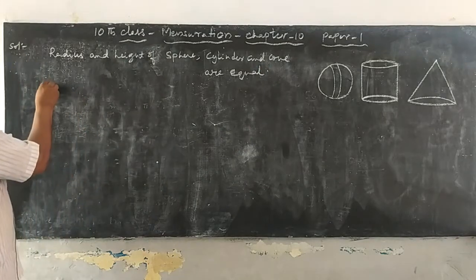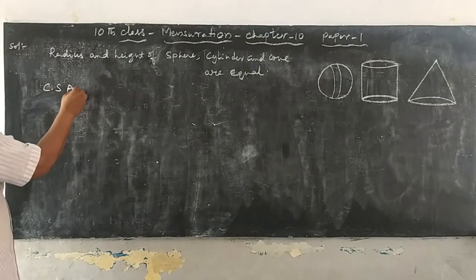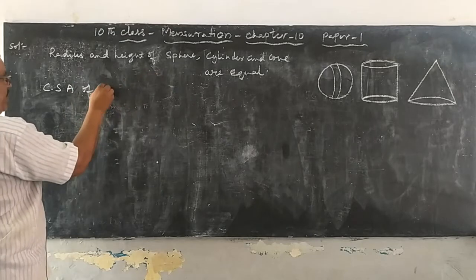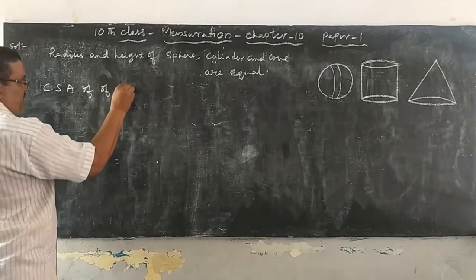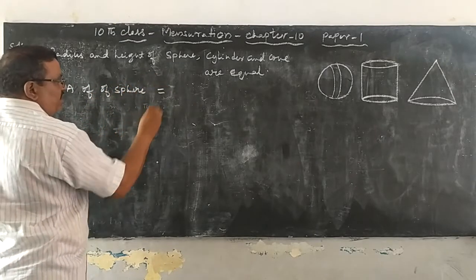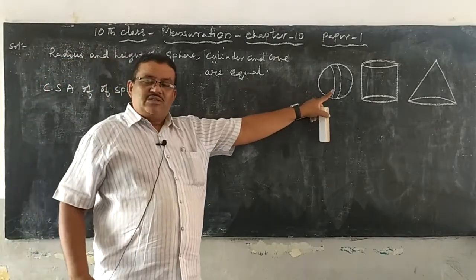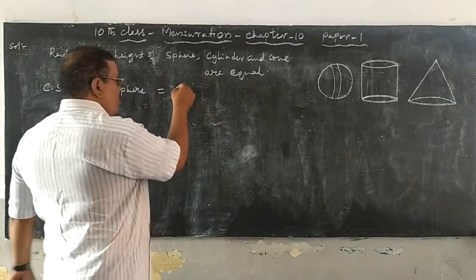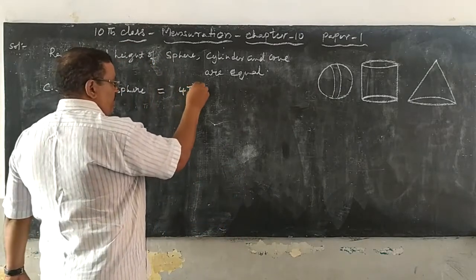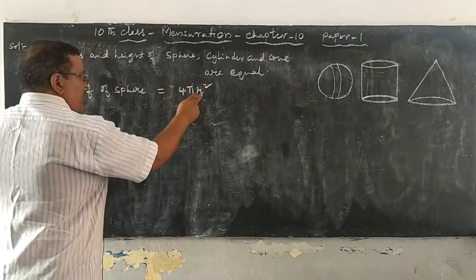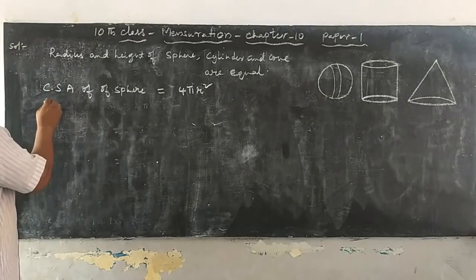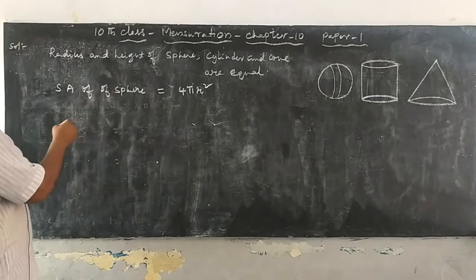First of all, find the CSA of the sphere. CSA means nothing but total surface area only. There is no separate CSA and TSA for a sphere. So the surface area of the sphere is 4 pi r square, where r is the radius.